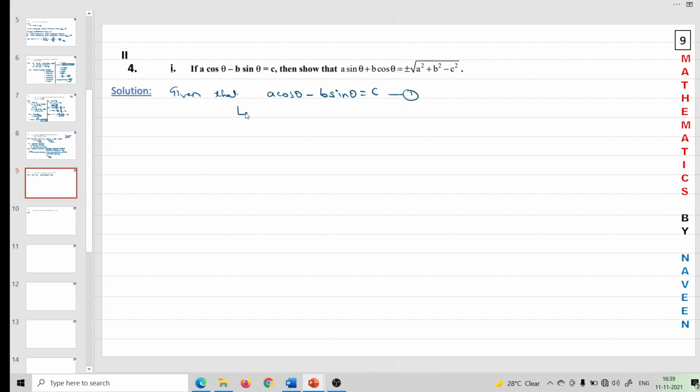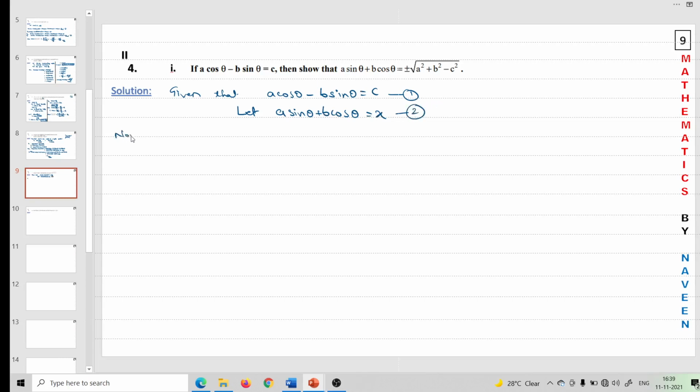We have to assume here, let A sin theta plus B cos theta is equals to X. This LHS is equals to X we have to consider. Clear? That is equation number 2.